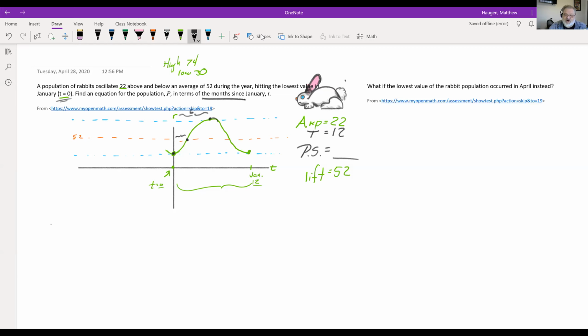If we wanted to use a positively oriented sine curve, we'd have a phase shift of 3 months to get to there, a quarter of the period. So that choice often gets people a little thrown off. Like, I don't know how to tell which one I'm supposed to use. Which one do you want to use? It really is a choice.